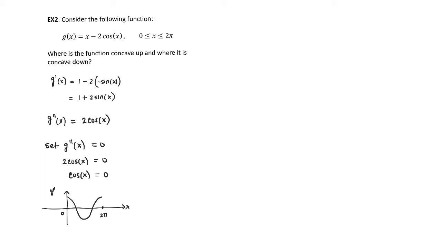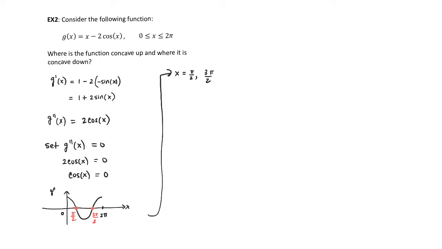It is equal to 0 precisely here at pi over 2 and right here at 3 pi over 2. So that means that cosine of x equals 0 when x is equal to pi over 2, 3 pi over 2.